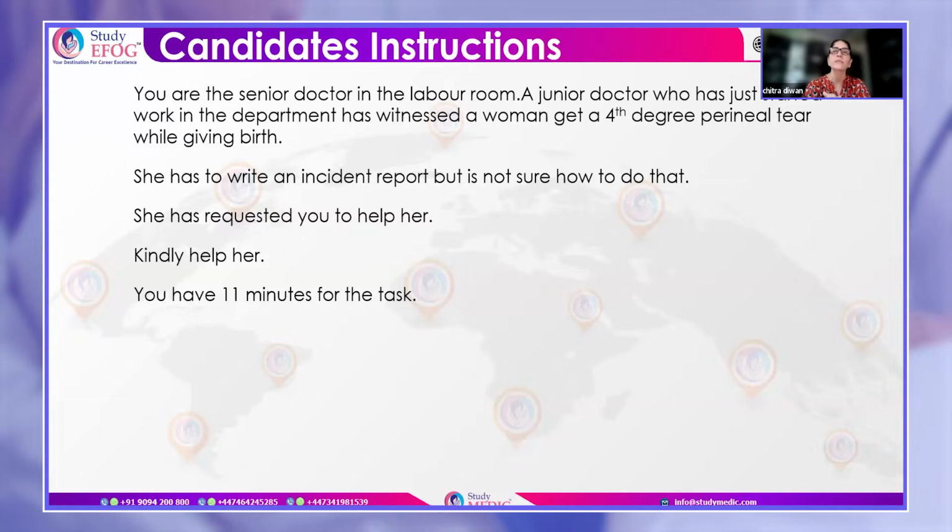The midwife was conducting the delivery. She gave an appropriate episiotomy also, but after the baby was delivered, she noticed that the woman had a 4th-degree perineal tear. The junior doctor wants to report this incident, but she doesn't know how to do that. So that is why she has come to you for help.